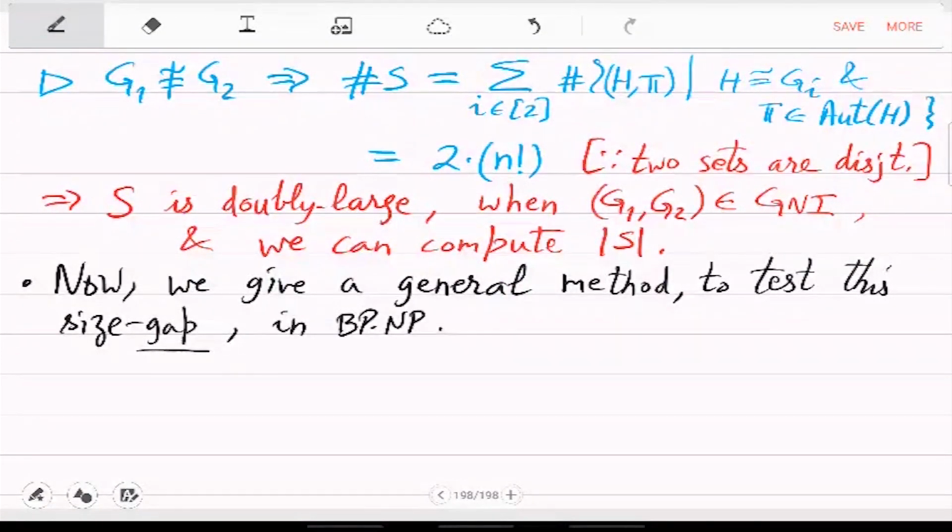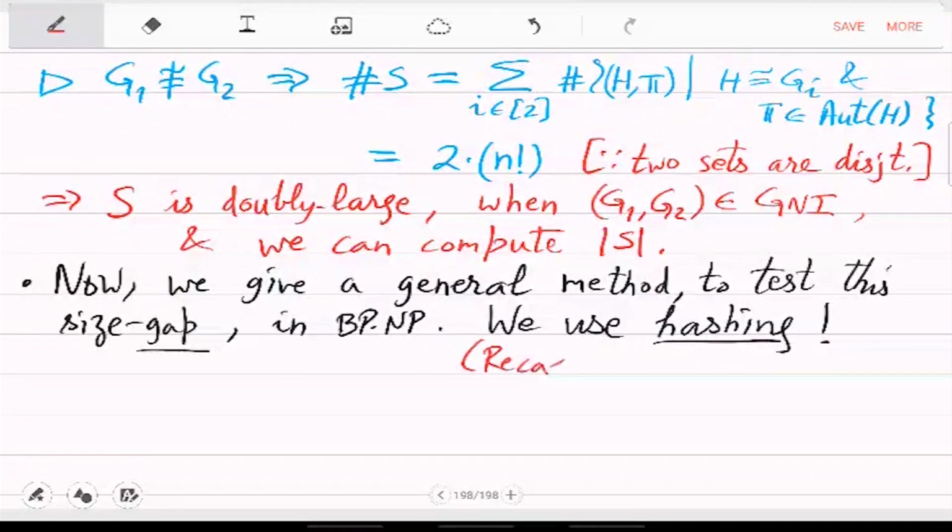So we use hash functions. Okay, so here you can recall the pH to parity P reduction, because the properties of hash functions that we proved there, we'll be using them.